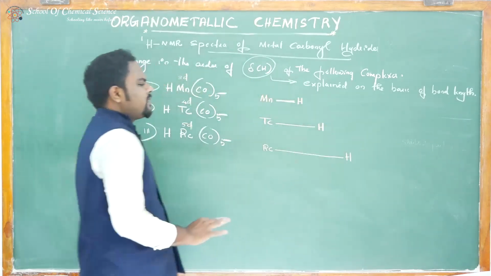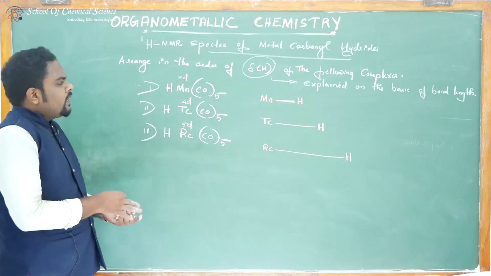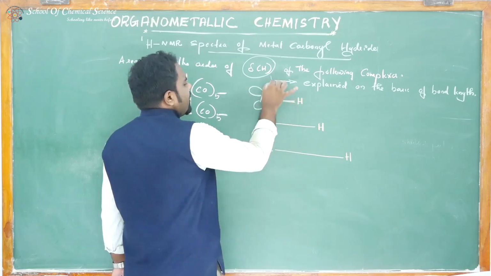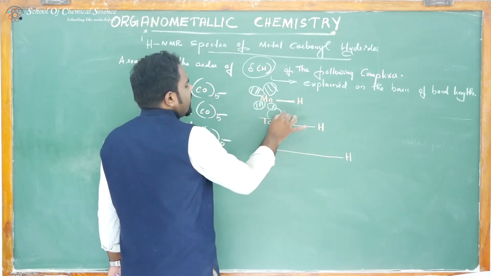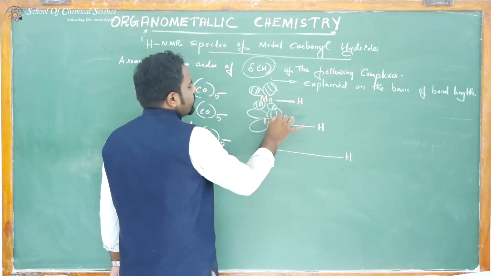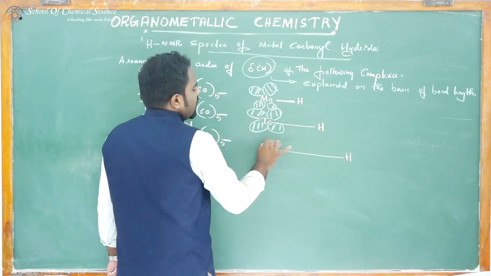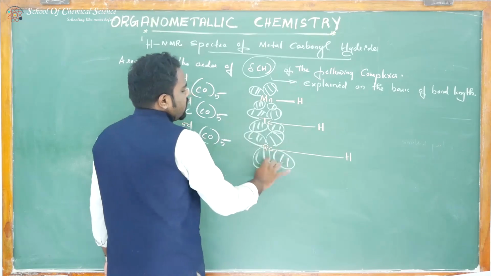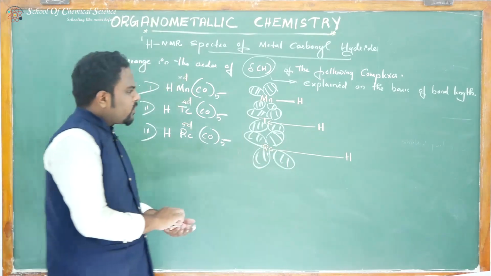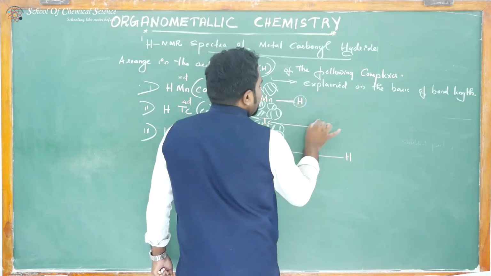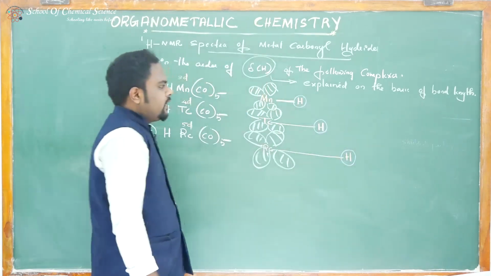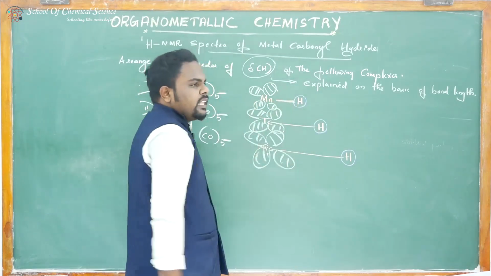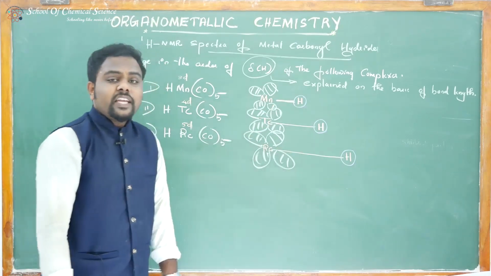For comparison, I am representing it in this fashion. Manganese contains electron density, similarly technetium and rhenium also contain electron density. So which proton will be in the more shielded environment? Here the manganese hydrogen bond length is very low, so that hydrogen is very near to the electron density and is very shielded.